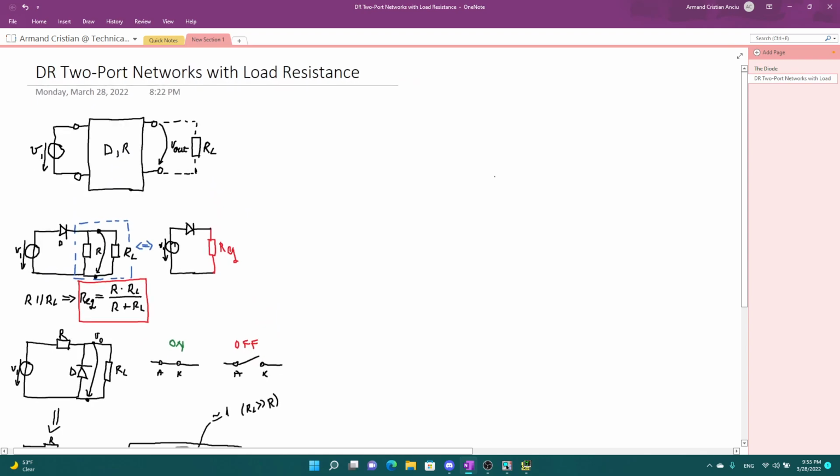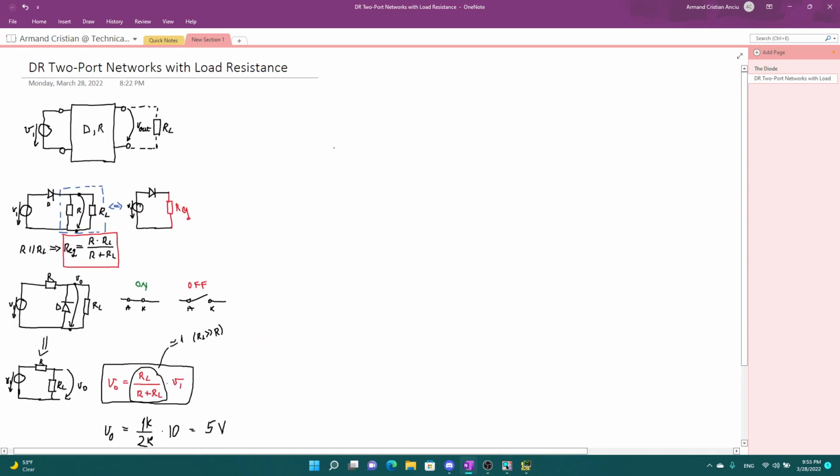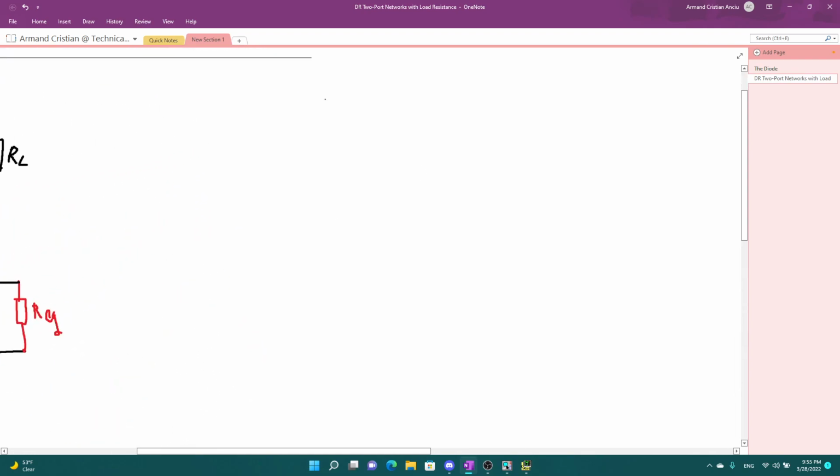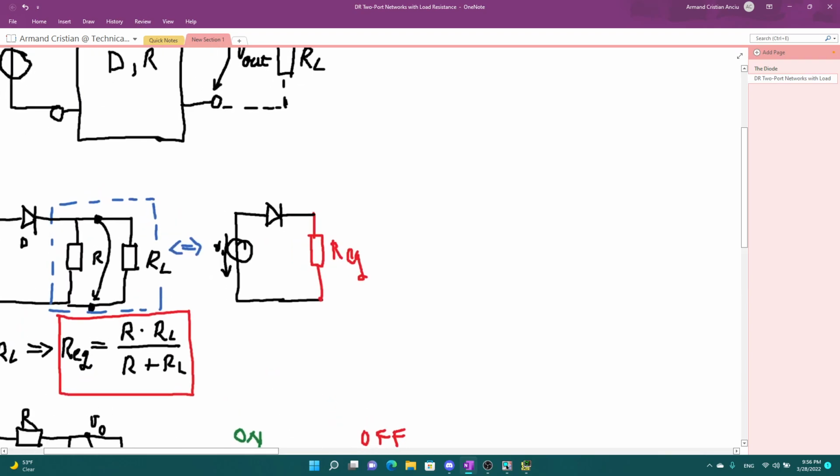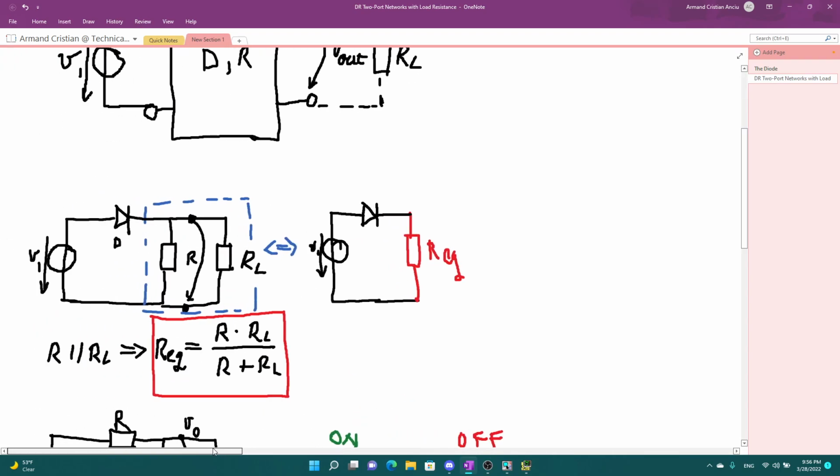Going forward and talking about currents, for the first circuit, this one, the current is consumed only when the diode is on. Of course, when the diode is off, there's no current consumption.